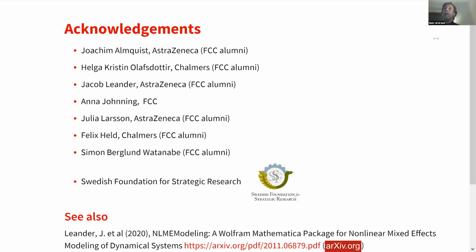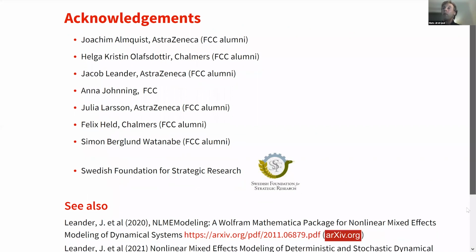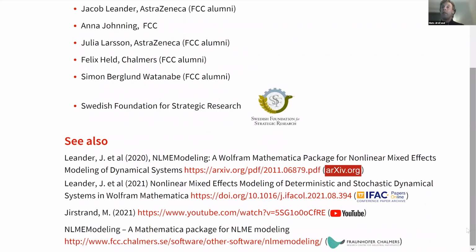And also some public funding has supported this project throughout the years. There's a number of resources, both papers and a brief YouTube video of an introductory talk, and we also have a web page where the model code resides and so on.